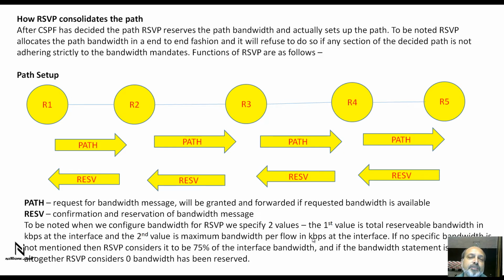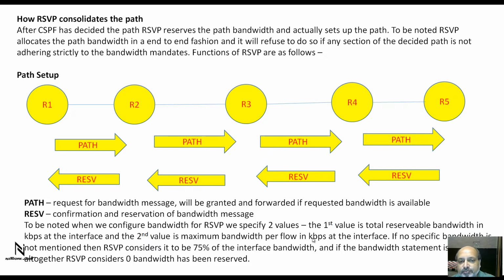For example, if the physical interface is a 100 Mbps interface and I specify 75, that means 75 kbps is preserved, entirely for the MPLS TE path and not for anything else, right? The next 25 kbps is the bandwidth available per flow.